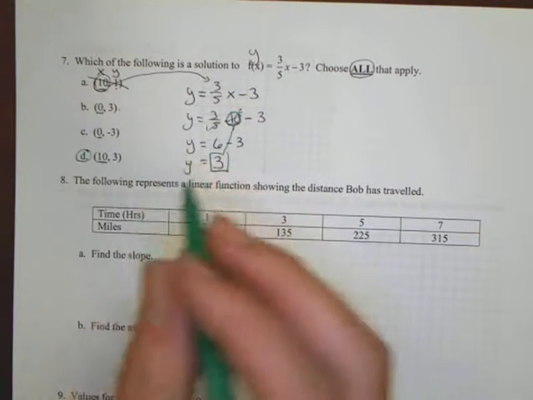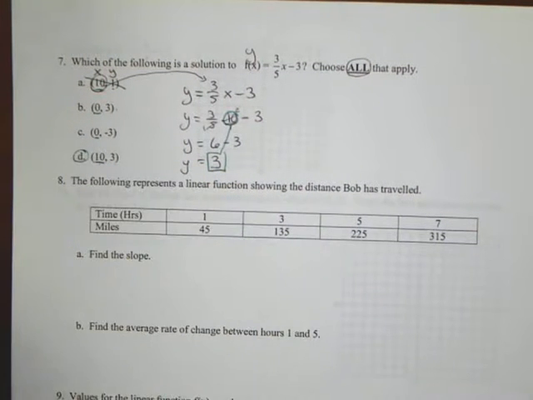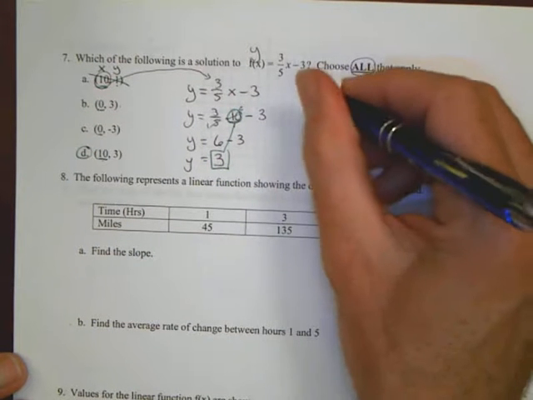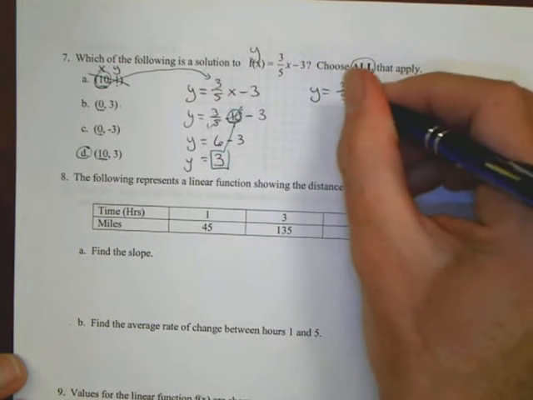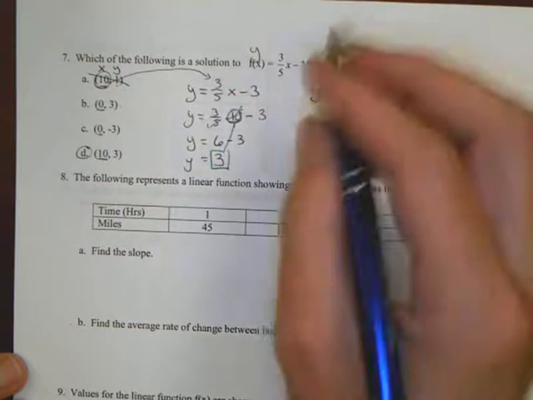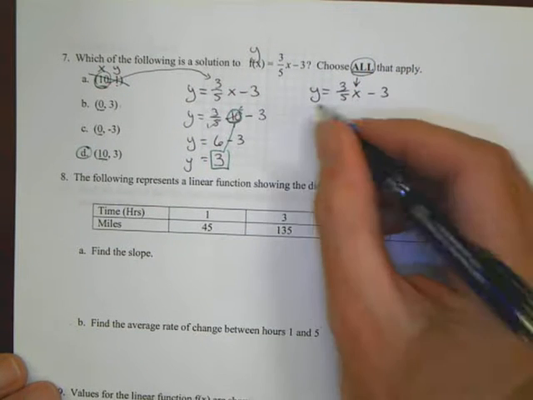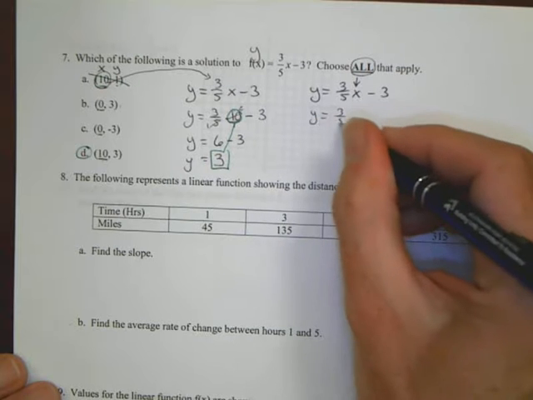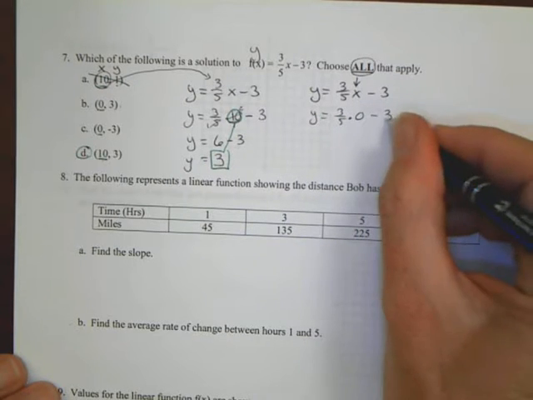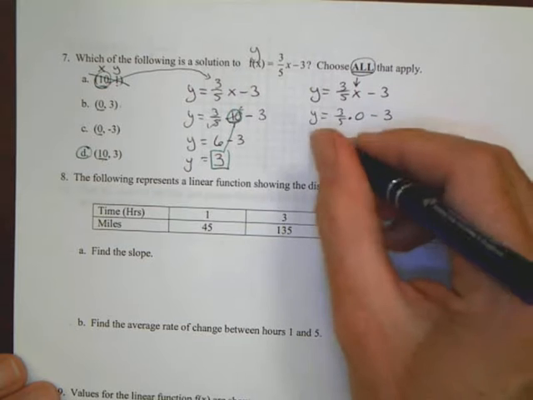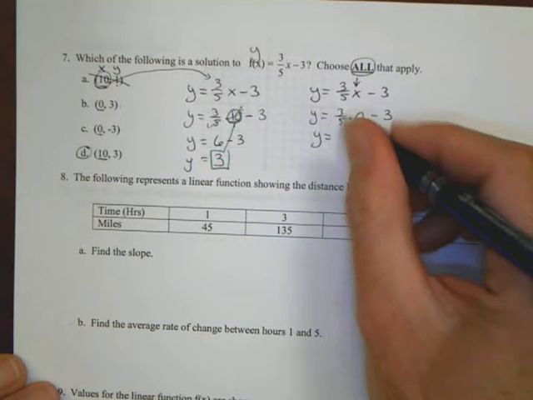I'm not done yet because I still have the zeros. So let's do another equation. y equals 3/5 x minus 3, and now let's plug 0 in for this value of x. y equals 3/5 times 0 minus 3. A little easier equation here because anything times 0 is 0.